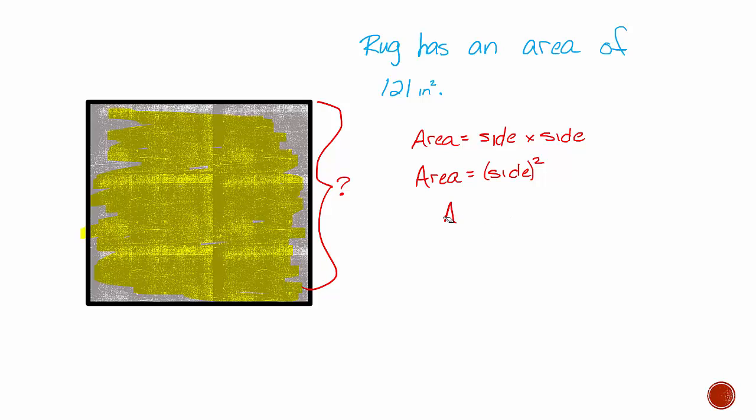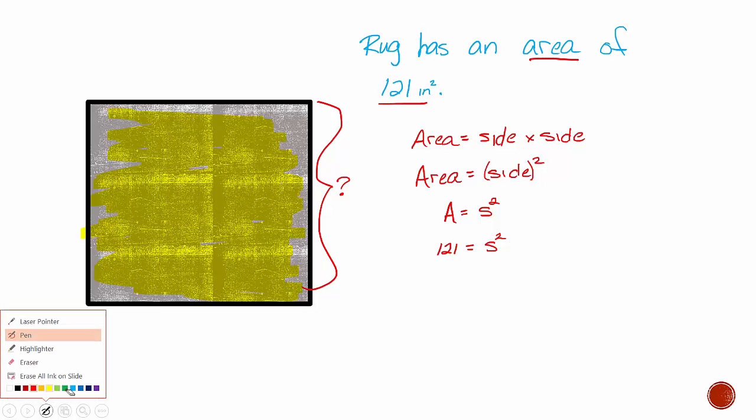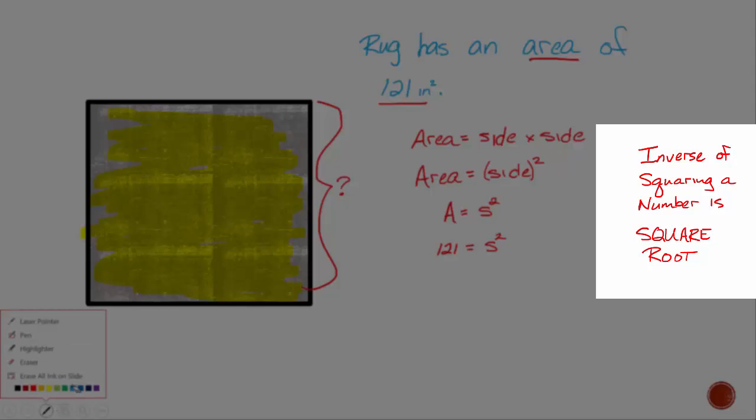So if the area equals side squared, and it tells me that the area is 121 square inches, well, I'm going to substitute 121 for area, but I need to find the side squared. Well, if you'll think back to what we know about solving equations, you are undoing or using inverse operations. And the inverse of squaring a number is taking the square root.